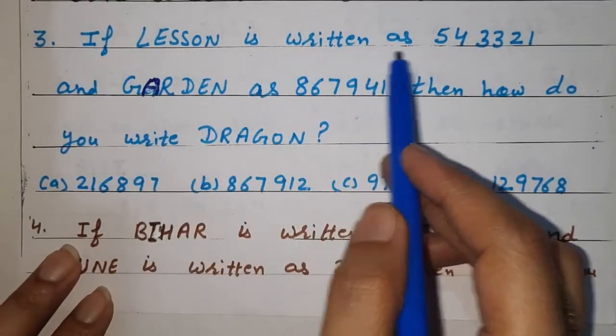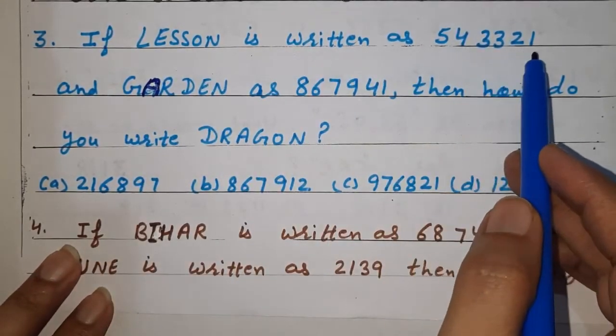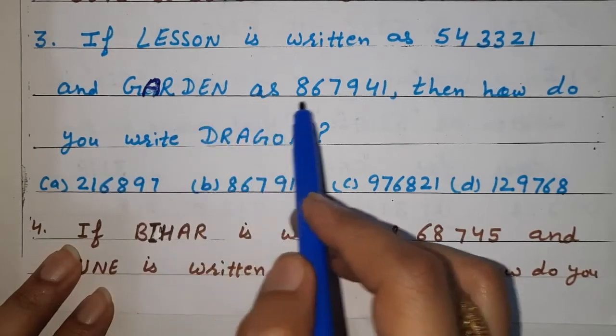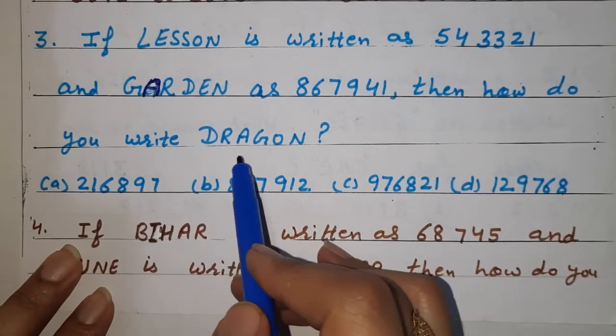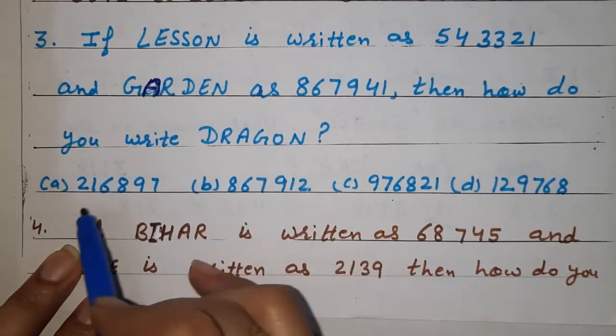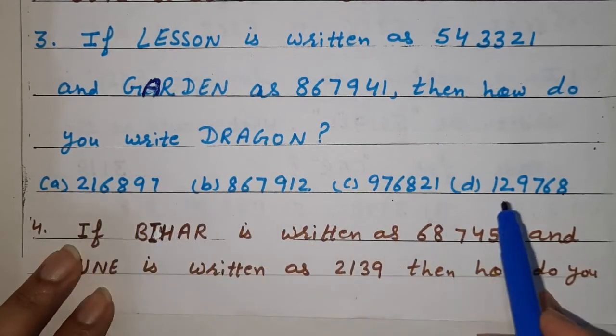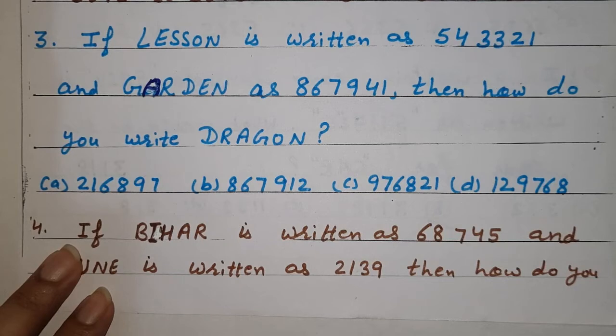If lesson is written as 543321 and garden as 867941, then how do you write dragon? Option A, B, C and D. 4 options are given. You have to find out the correct option. Choose the correct option and put tick mark.